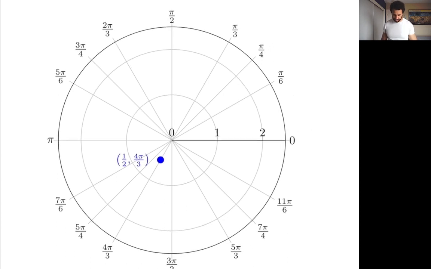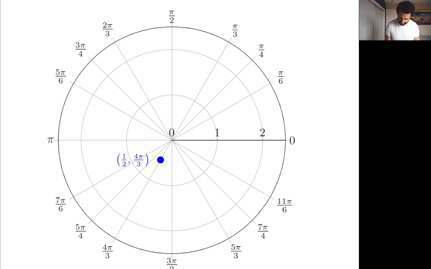I'm going to zoom in a little bit here. Here we go. Currently, the point that is plotted right here is the point 1/2 comma 4 pi over 3, right? So the radius is positive. We've circled around 4 pi over 3 radians, and we're on a circle of radius 1/2.